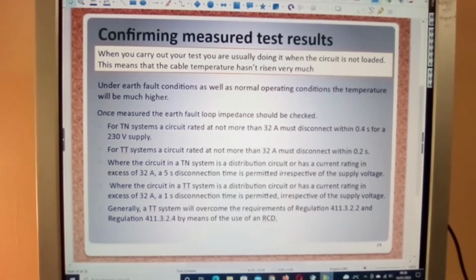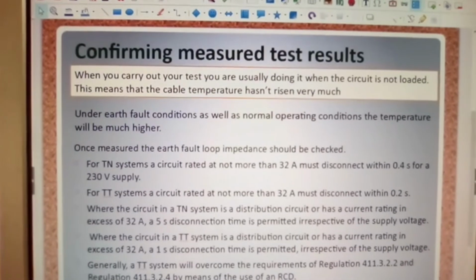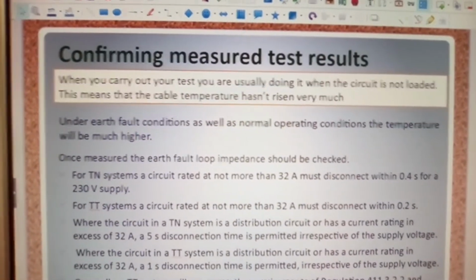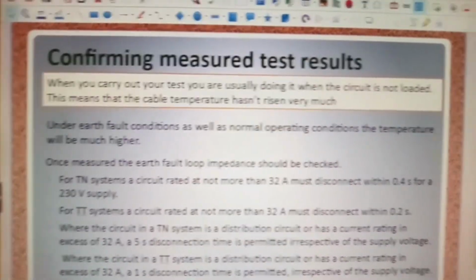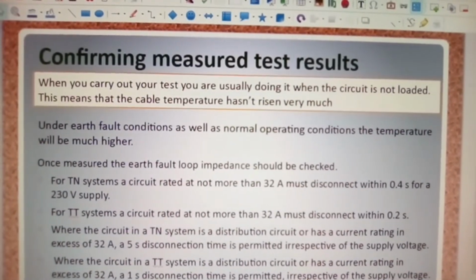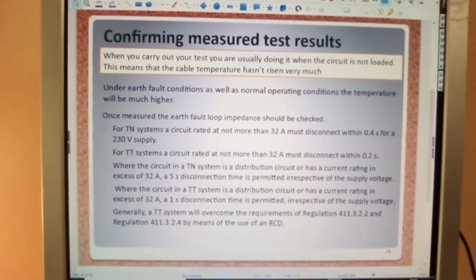Confirming measured test results. Again, that's for you to read. I don't need to read this out to you. You're big boys and girls now. That's your role. Pan back, make sure we've got it in view.